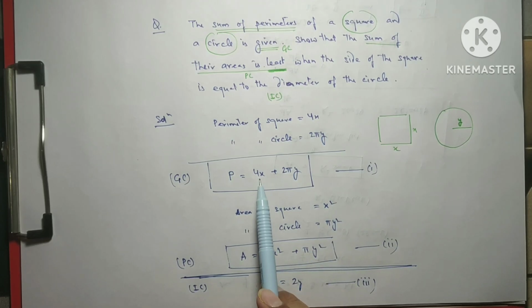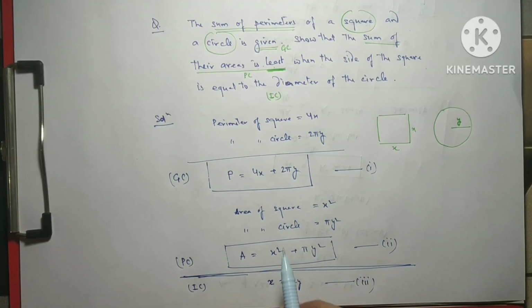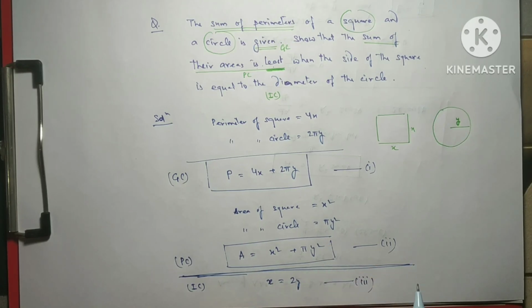First we will use GC, and according to this we will collect the value of one variable in terms of the other, put this in the second equation, the area equation, and apply the second derivative test on it. When we place the first derivative as 0, we will show x equals 2y, and the area should be least, so the second derivative of area should be positive. This is the working of this question.